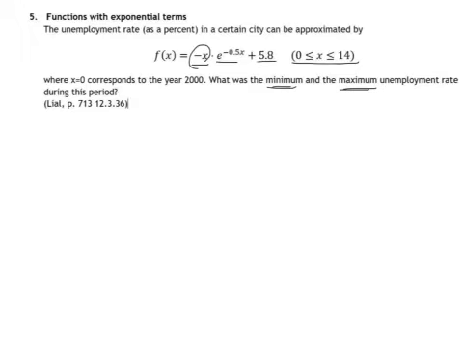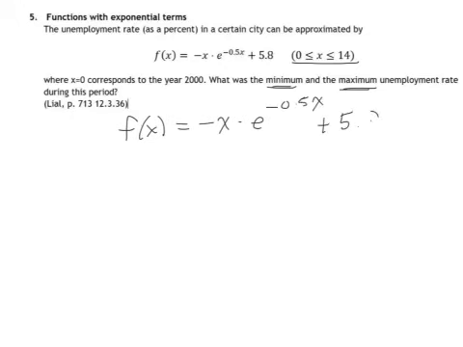So really what we have here is a multiplication, negative x multiplied by e to the negative 0.5x. Okay, so let's start. We'll write down the function here, negative x times e to the negative 0.5x plus 5.8.